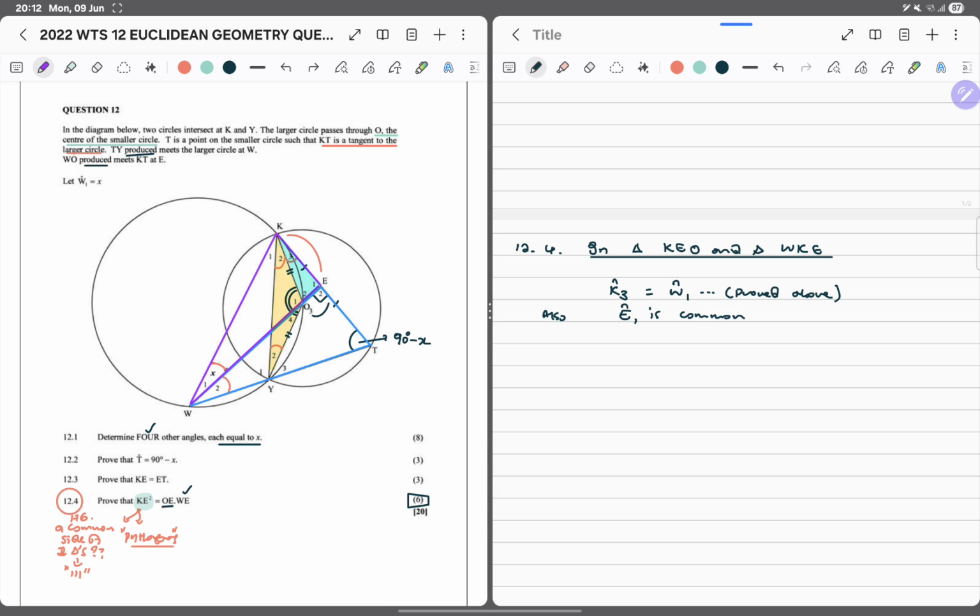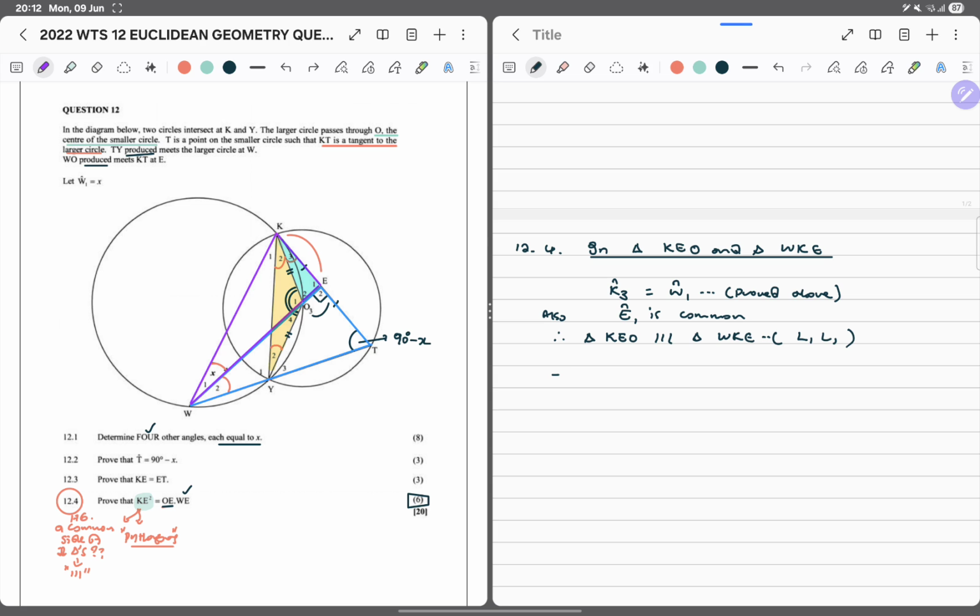And once we prove two sets to be equal, we can make a conclusion that triangle KEO is indeed similar to triangle WKE, because two angles we proved equal. And if we prove two sets, the third set is going to match. So there's no point in going through it, because it's quite a weak statement to make after we have made those two. So what do we say?